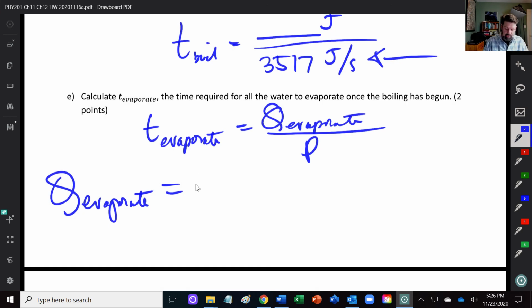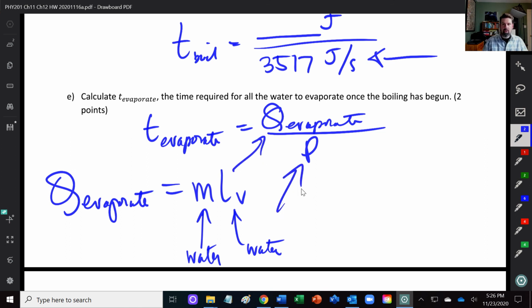So it's M L V, the mass of the water and the heat of vaporization of water. So that'll get you that value. You put it in your calculator and you're good to go.